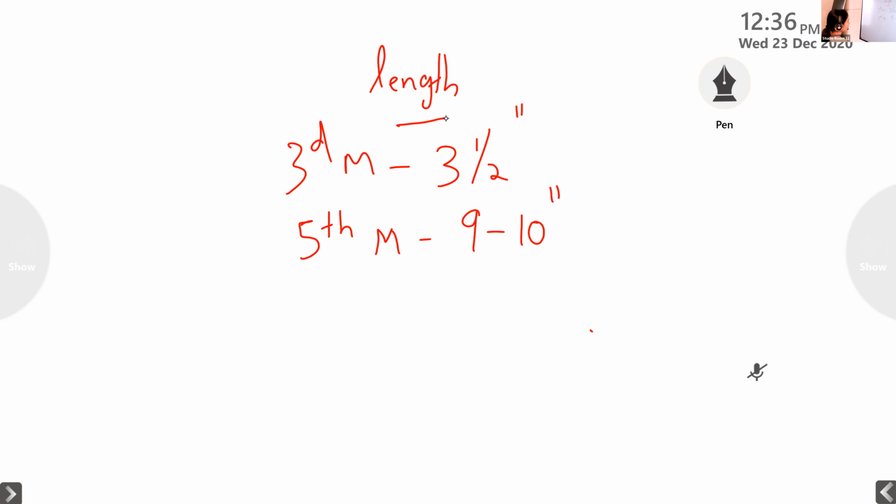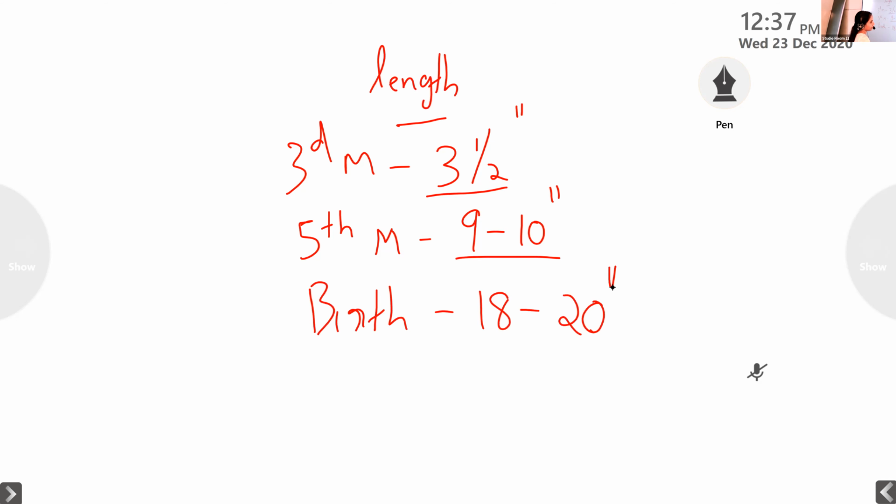At the time of birth, note down the numbers, it becomes 18 to 20 inches. The length of the baby at the time of birth is 18 to 20 inches.